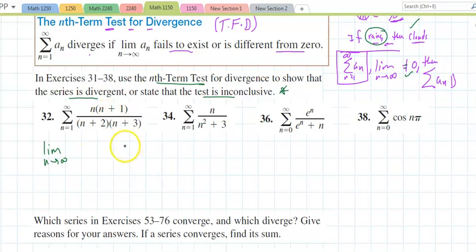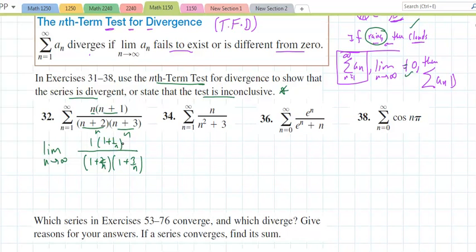And if I'm taking the limit as n approaches infinity, I could use L'Hopital twice, or I could divide by the highest power term of the denominator. If I divided this by n and this by n, doesn't that mean I'm dividing by n squared? That'll be a 1 because that's over n, and that'll be 1 plus 1 over n.